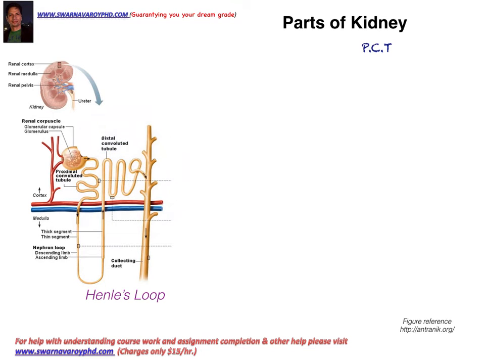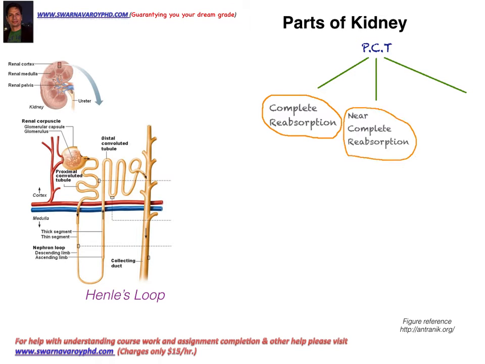Now, at the proximal convoluted tubule, the PCT, different kinds of things are happening. We have complete reabsorption of certain things which are passed out by the Bowman's capsule or the glomerulus. They are completely taken back. It means 100% reabsorption, and then we have near complete reabsorption.